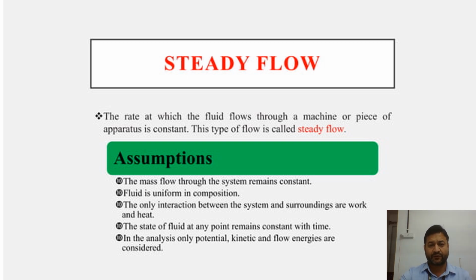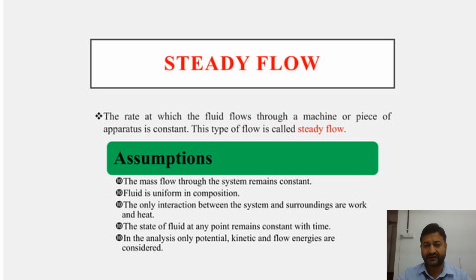So what is steady flow, most commonly known as the steady flow energy equation for the first law? The first law steady flow energy equation is very important. It has a number of applications, like nozzle, diffuser, and the working of turbine and compressor; those things will be asked. Now the basic definition of steady flow we have already gone through.